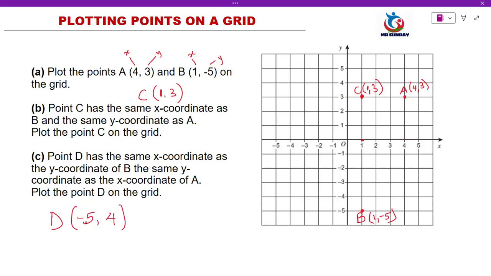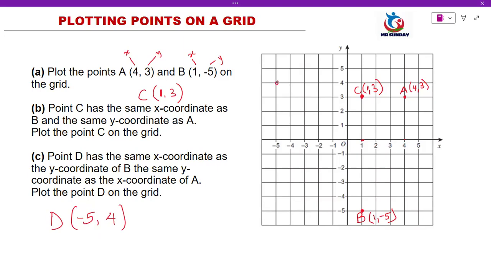So with this now, we can plot our point D. Negative 5, that is the x-axis, see negative 5 here towards the left on the horizontal line. So you trace it up to where it intersects the 4 on the y-axis. The 4 is positive, so you're tracing it up.